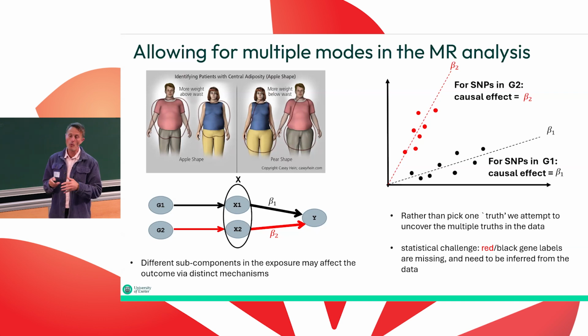And so what we do instead is try and use methods from cluster analysis to find out, for a given variant, whether it is part of the red cluster or the black cluster, and then we simply calculate the causal estimates identified by both of those subsets.